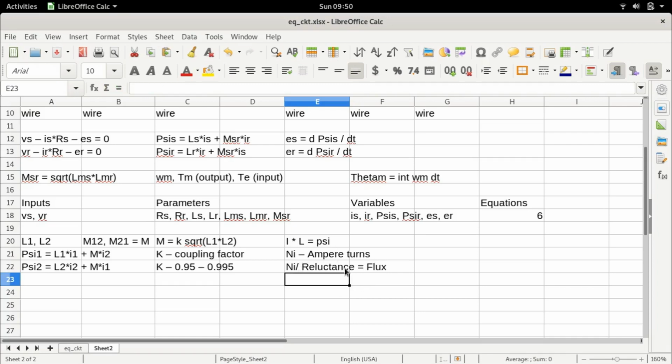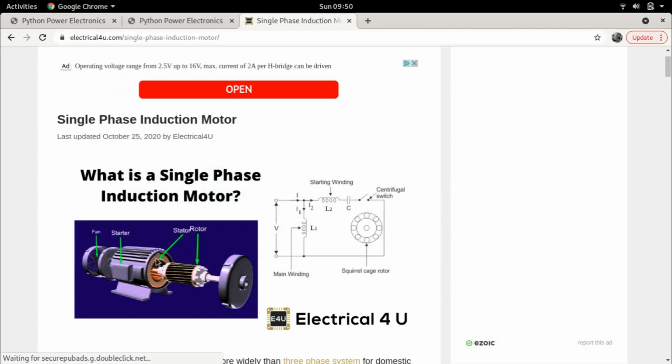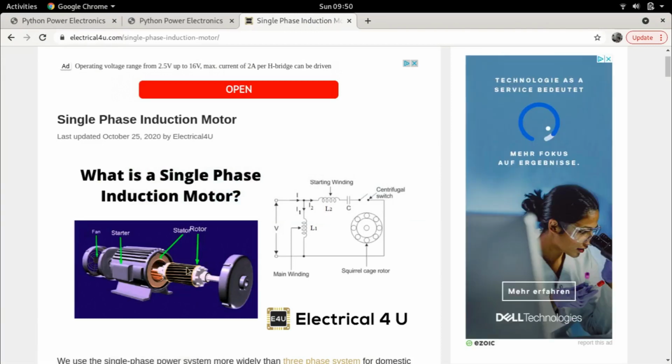So if a current is flowing through the stator, we need to determine what the flux path is and what the reluctance of that flux path is. As we've already said, some flux paths are leakage paths, where the flux just leaks into the air.